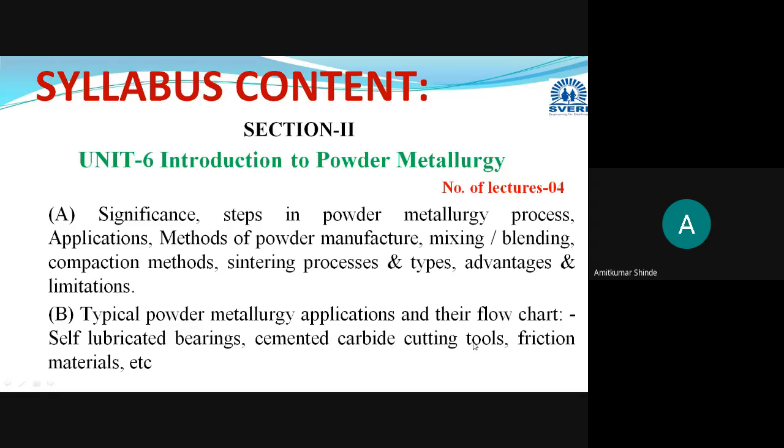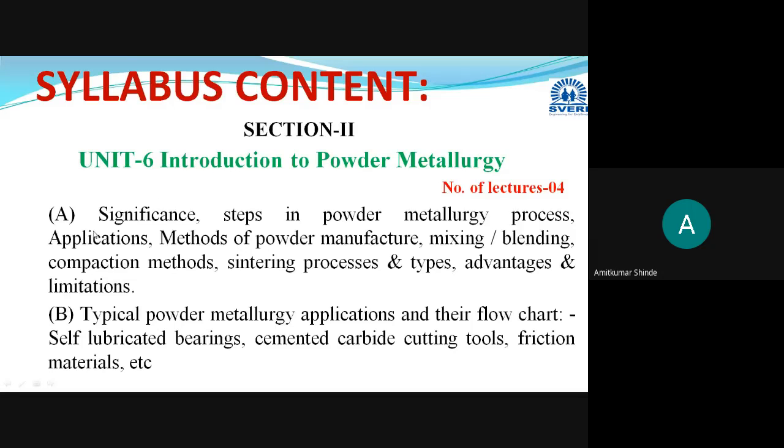They will provide you the name of one component, and they will ask you to draw the flow chart, and along with that flow chart you have to explain the different stages involved in the manufacturing of the component using the powder metallurgy technique.